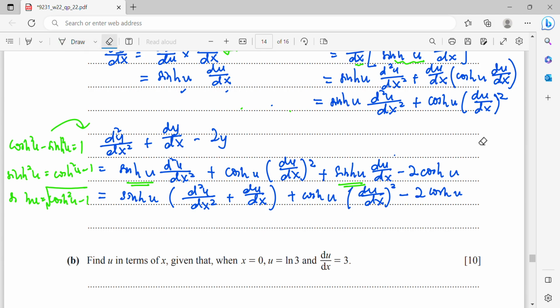So this is how we prove. With this, I will change sin u to the square root of cos²u minus 1, then rewrite these two terms, and the rest just rewrite.